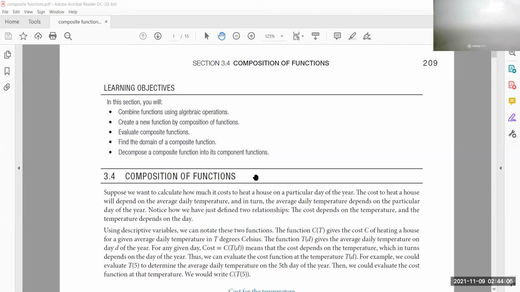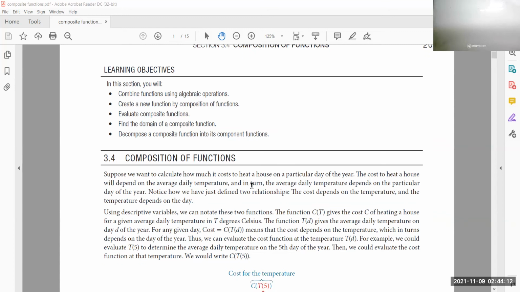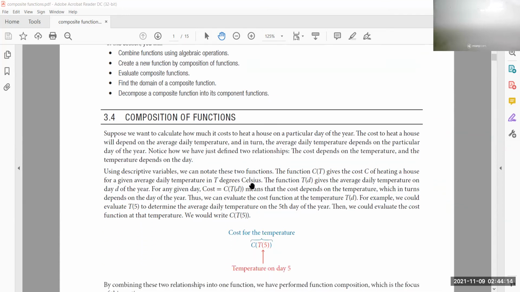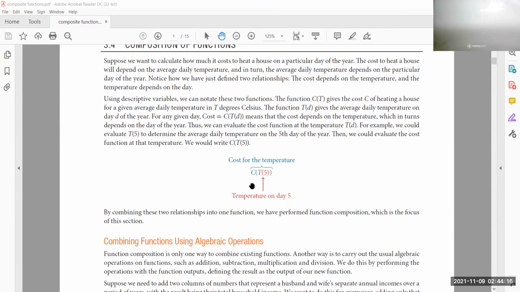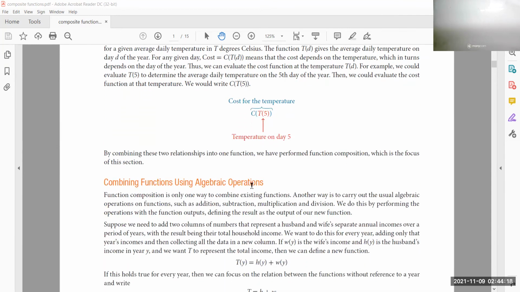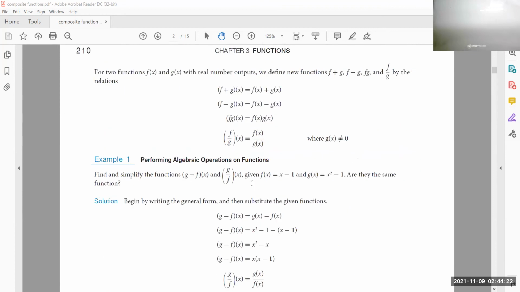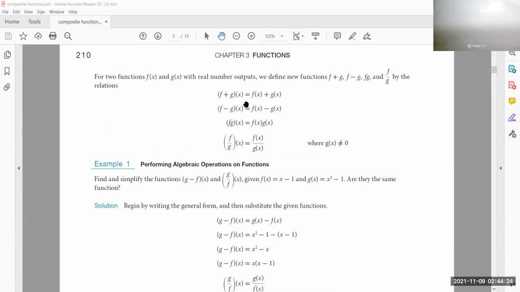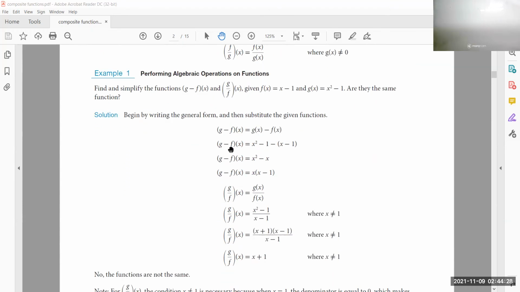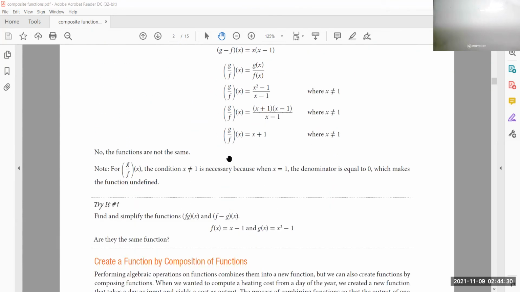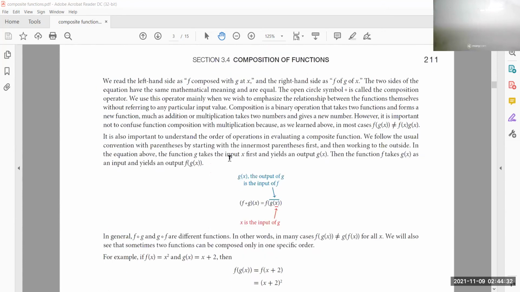I strongly recommend that you check out the document 3.4 composition of functions. Notice it has a very nice description of what the composition function is. How do we combine functions? First, they talk about the sum, difference, multiplication, and quotient. It's a very nice example here, as we discussed in class. And then, of course, we talk about the composition.